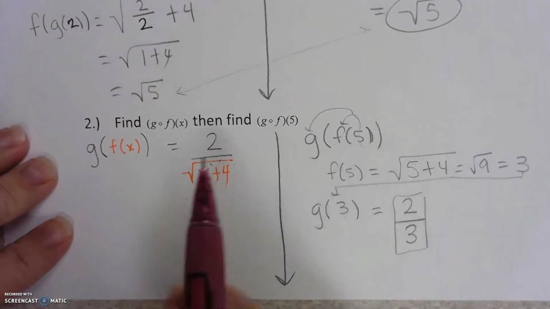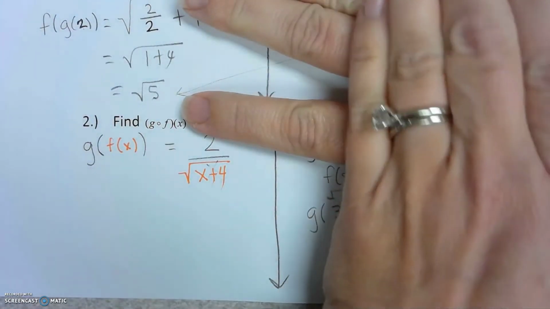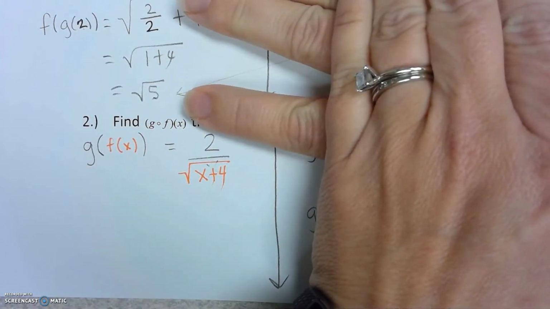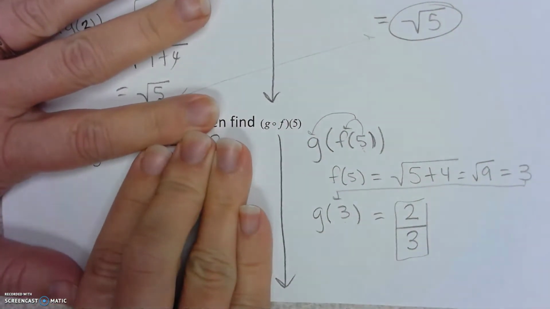So we looked at, on this question, find f of g of x, and that was this part right here. Then we looked at if they only ask us to find g of f of 5, that was this part.